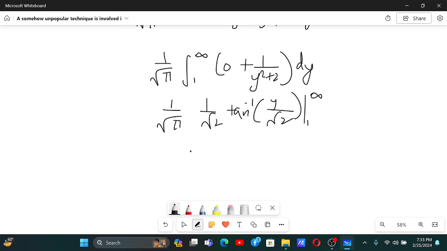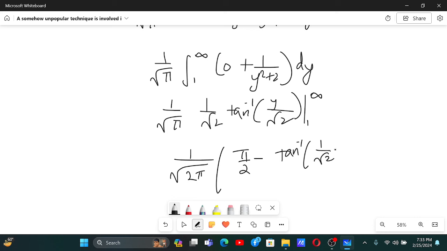Okay, so this is 1 by root 2 pi. Tan inverse infinity is pi by 2 minus tan inverse 1 by root 2. And we know that tan inverse 1 by x is just cot inverse x. So let me write this as cot inverse root 2.